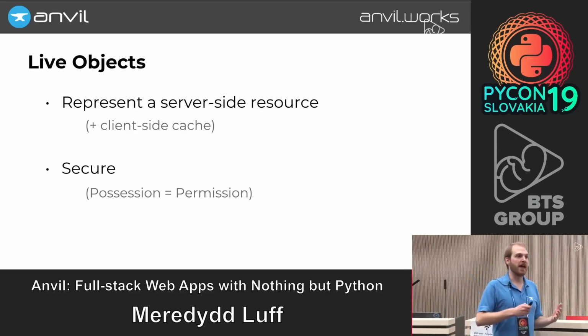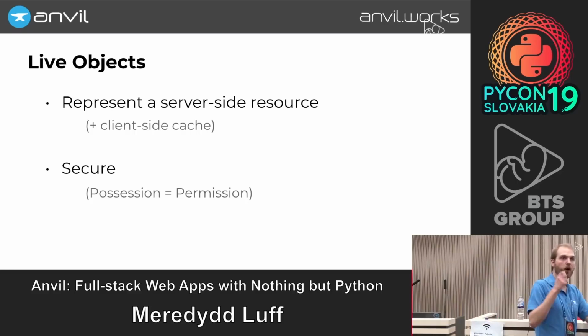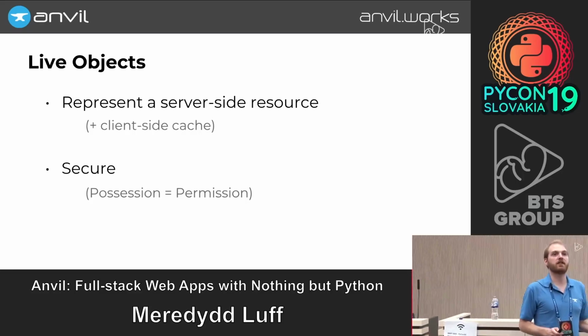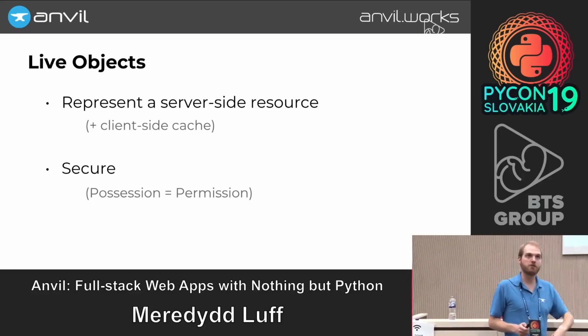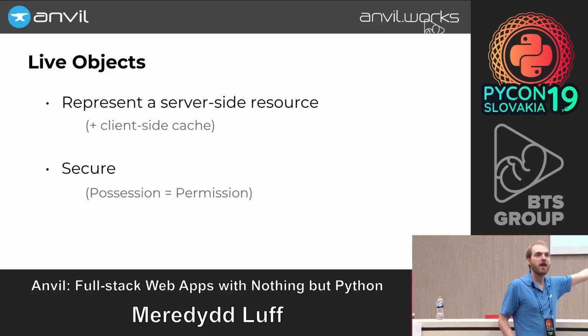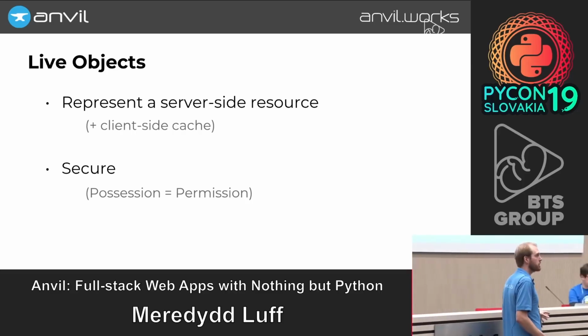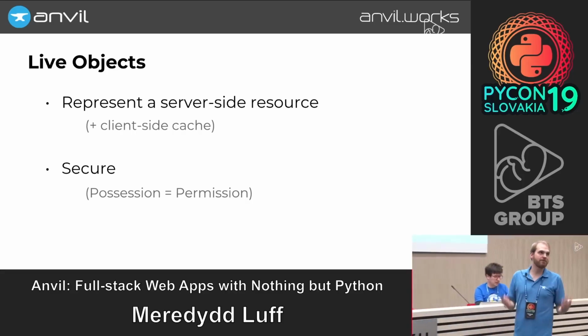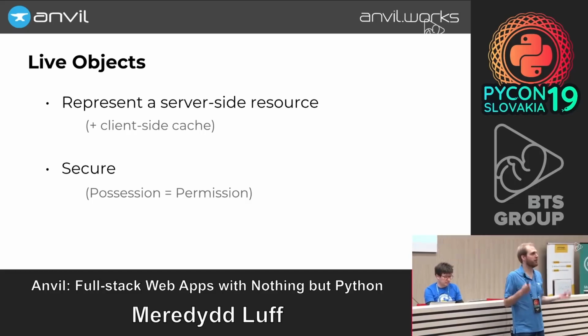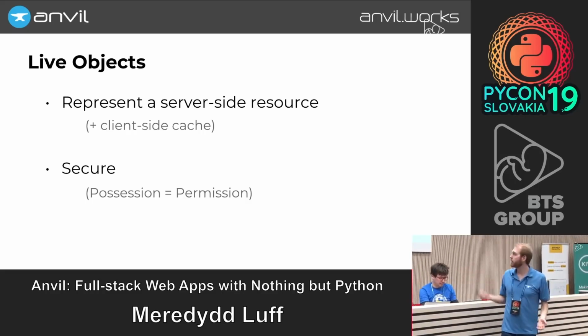The idea is that if I've been given the object, then I have access to the object. So if I've returned that object from a server function to the client, that was me giving permission to the client code to access it. And what this means is you don't have to manage your permissions separately from passing these objects around.